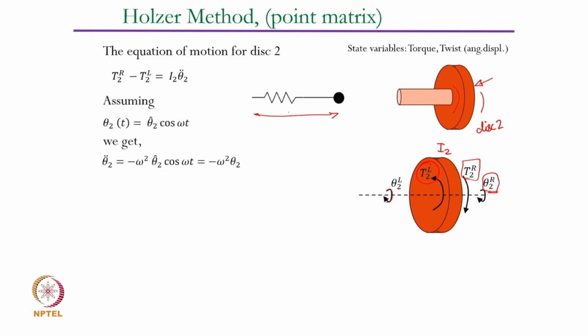Now what we say is that this entire system is vibrating in a harmonic fashion, so that the response theta 2 can be represented as theta 2 cap, which represents the amplitude, times cos omega t. That is a harmonic solution that we are assuming. Now we are going to arrive at eigenvalue estimation.